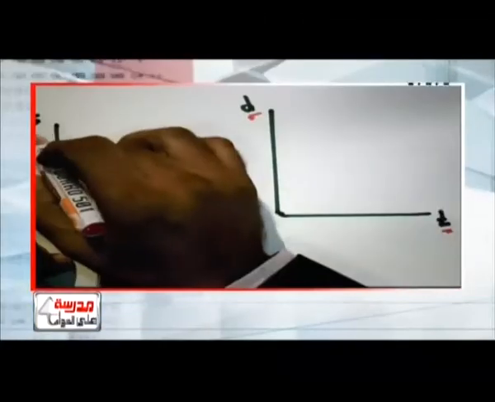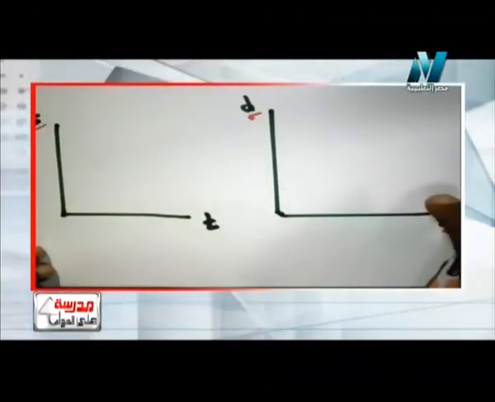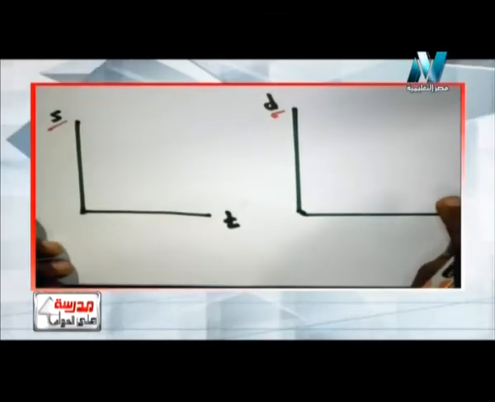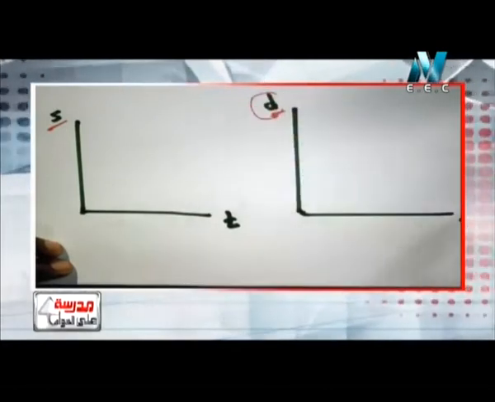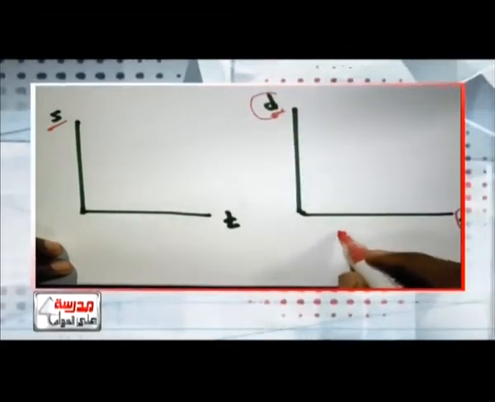Here I want to explain for dear students the difference between the graph representing speed and the graph representing acceleration. If we look at these two axes here, distance and time, the relation between distance and time expresses speed.